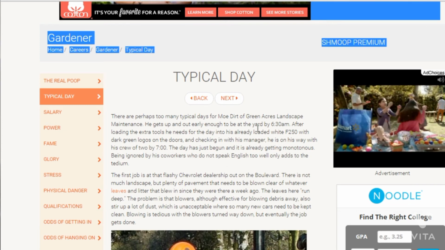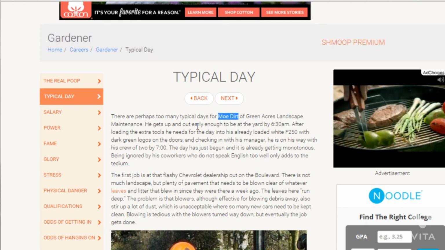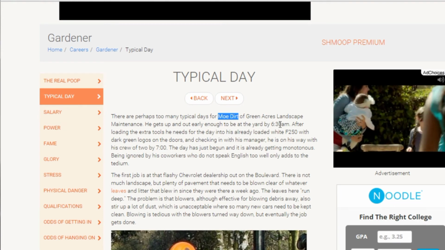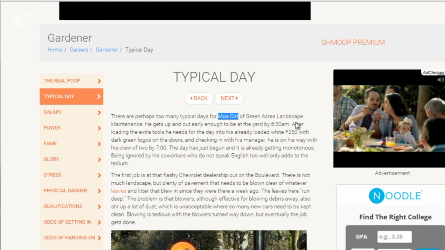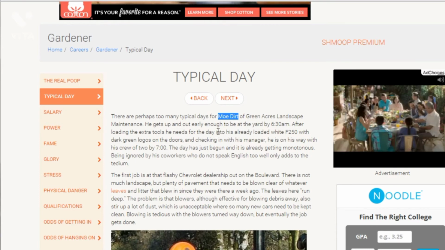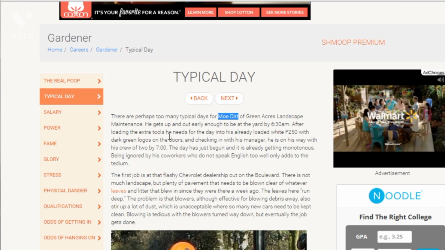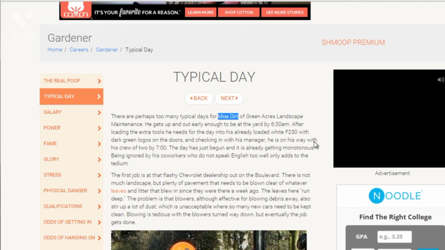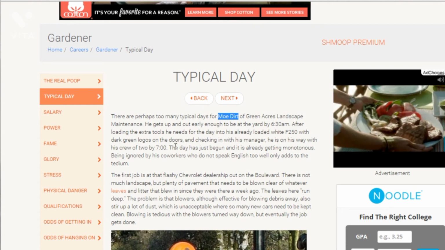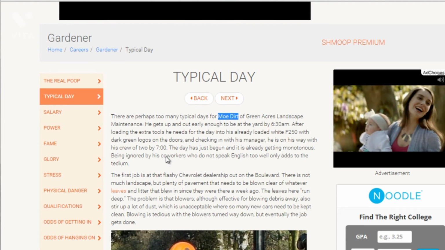I don't know if his real name is Mow Dirt, but if it is, he gets up early enough to be at the yard by 6:30 a.m. After loading the extra tools he needs for the day into his already loaded white truck, he's on his way with his crew of two by 7 o'clock. The day has just begun and it has already begun to be monotonous.